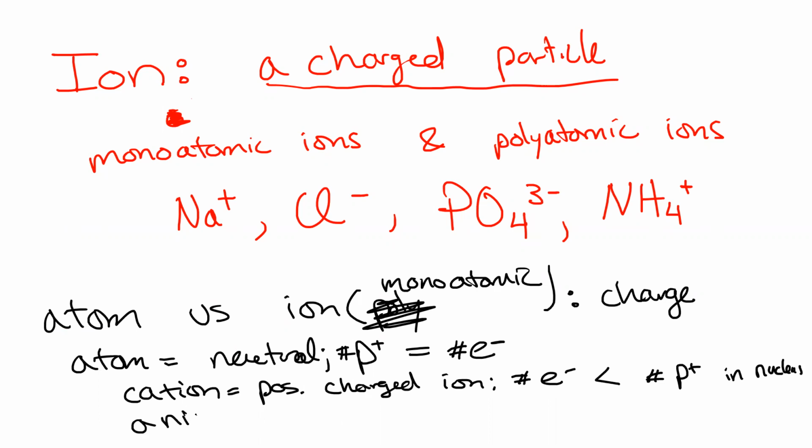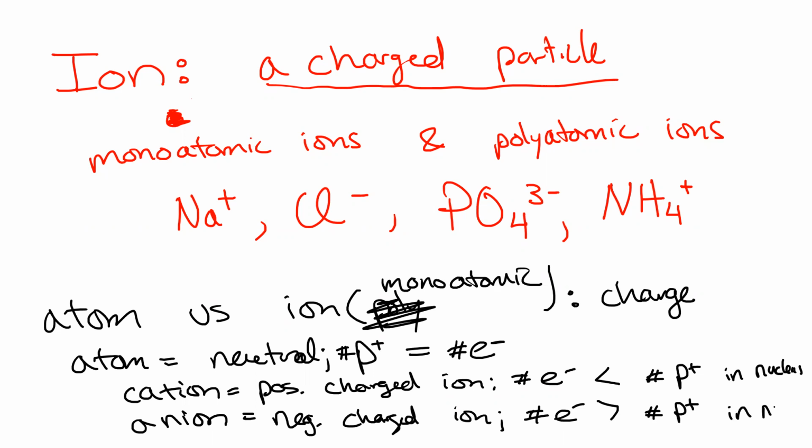And an anion is a negatively charged ion where the number of electrons now exceed the number of protons in the nucleus.